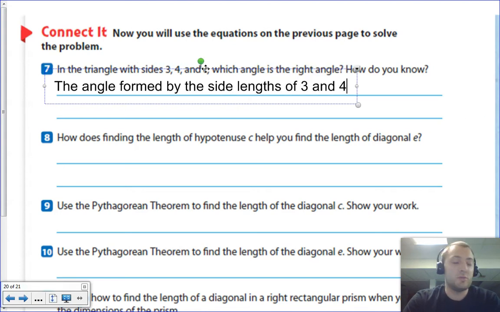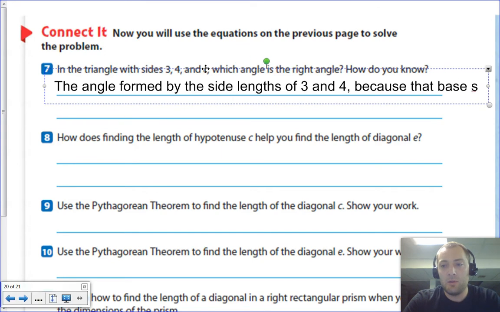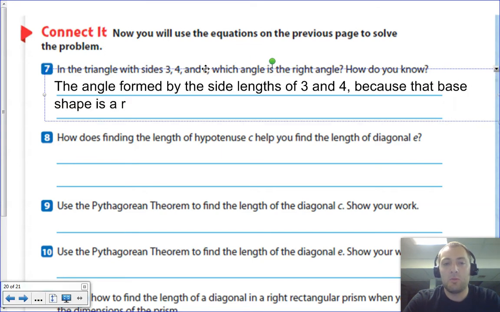Because if you take those 2 side lengths and you make that angle, it's got to be a right angle because that base shape is a rectangle, part of a rectangular prism.